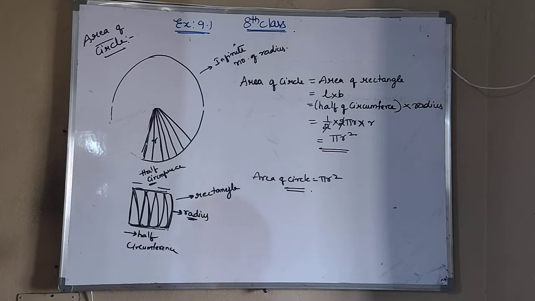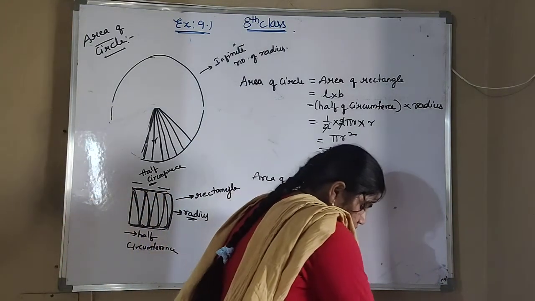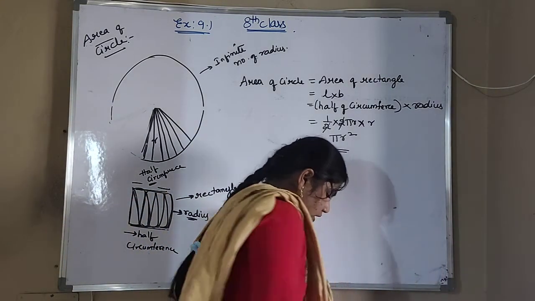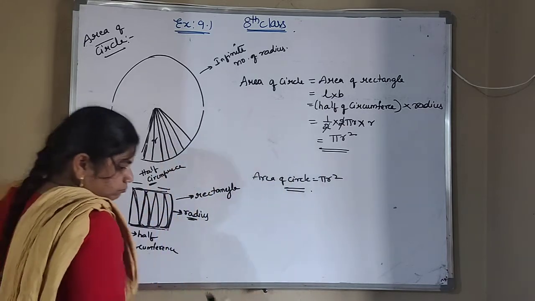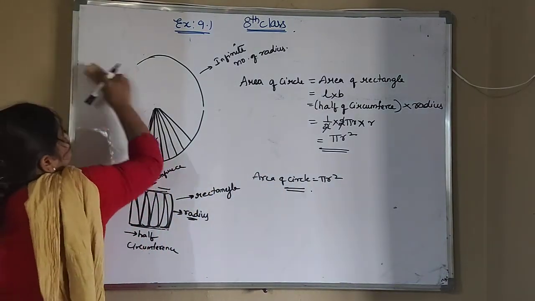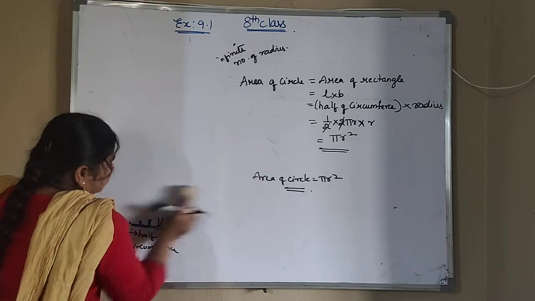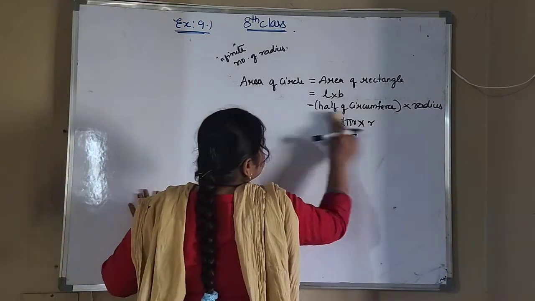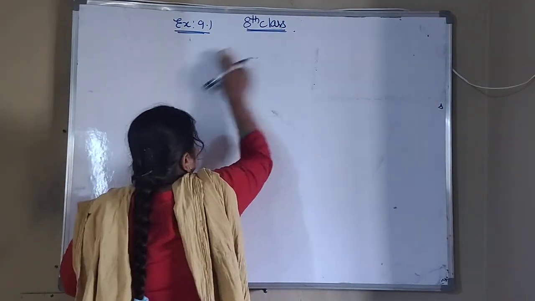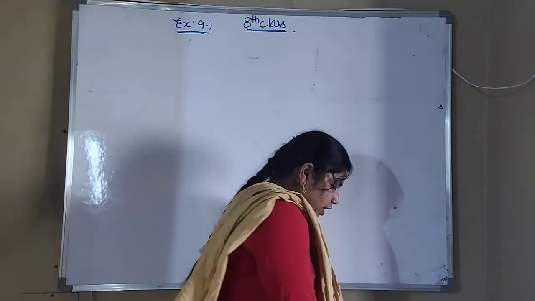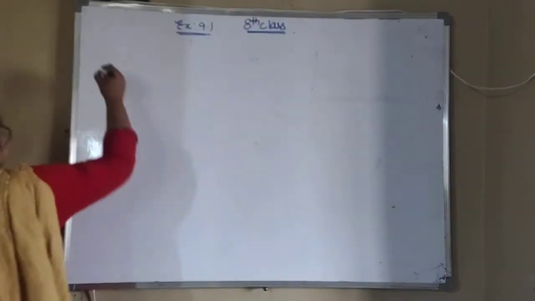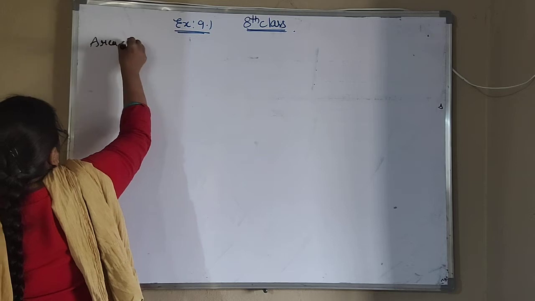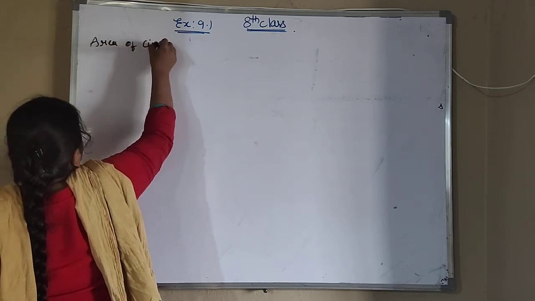Okay, so next, what is the next one? Area of a circular path. So we want the formula for the area of a circular path.